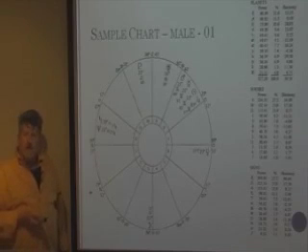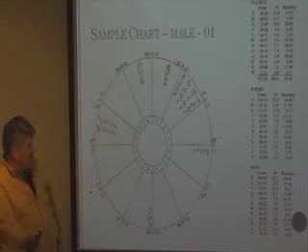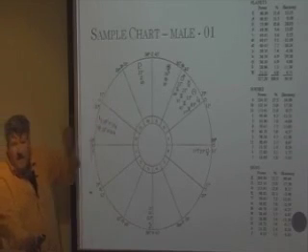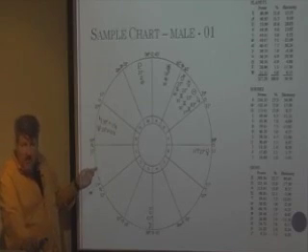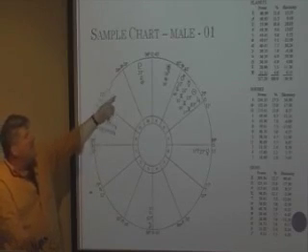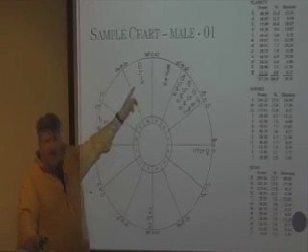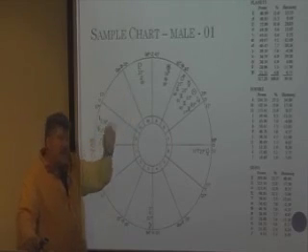Oh, no planets, unoccupied. What about the ruling planets? Pluto falls in the 10th house. So this man's personality could be strongly shaped by friends, career, business, profession, one's boss's authority, public opinion.